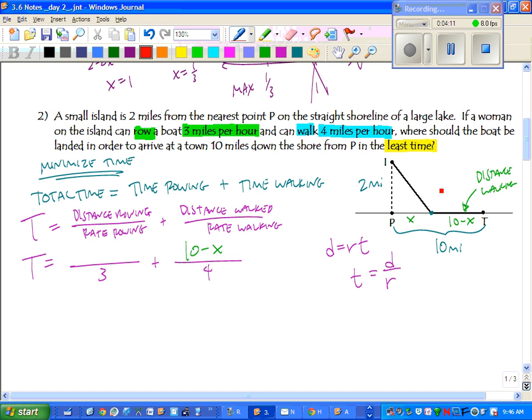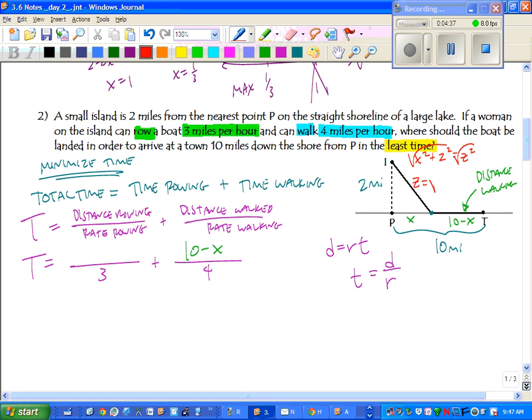We need to figure out the distance rowing, and for that we can use the Pythagorean theorem. If we say this hypotenuse is z, then x squared plus 2 squared equals z squared. If we want to find z, we take the square root of both sides.